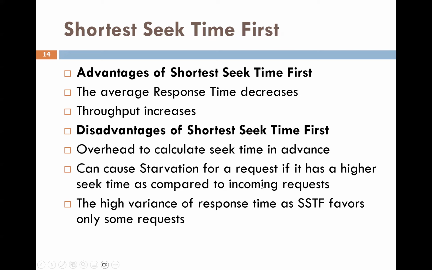Some requests may get starved because it always prefers the shortest seek time first. So if there is a request with the longest seek time, there are chances that request may get starved.